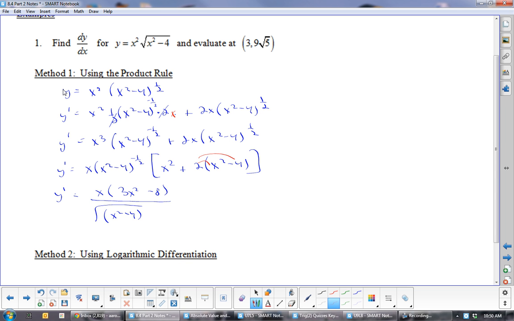Now if I want to know the slope at that point, I just put 3 in. So slope m equals, I'll put a 3 in there. I'm getting my 3 from here. 3 times (3 times 3 squared minus 8) all over the square root of 3 squared minus 4.